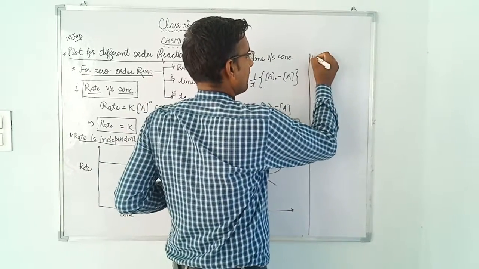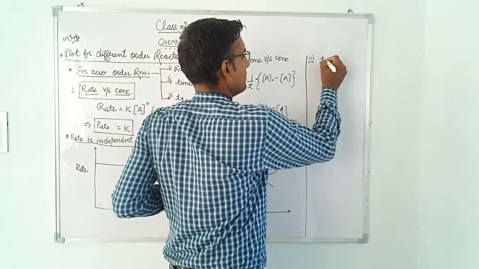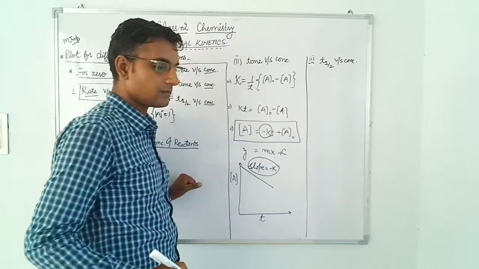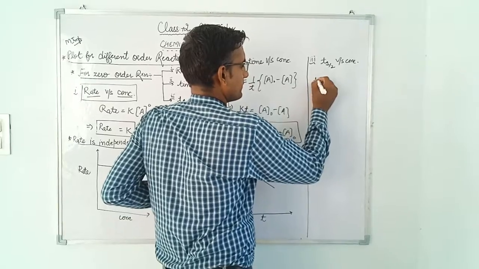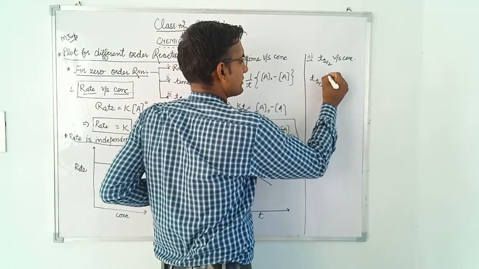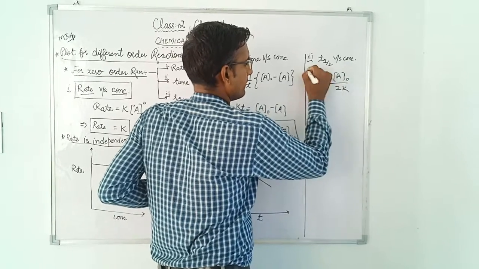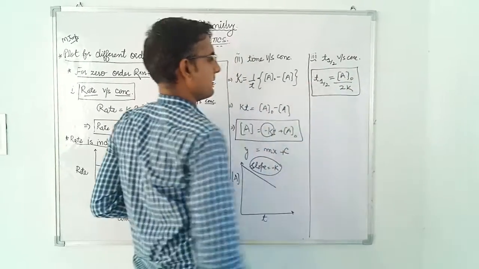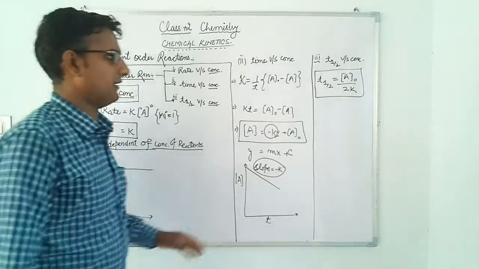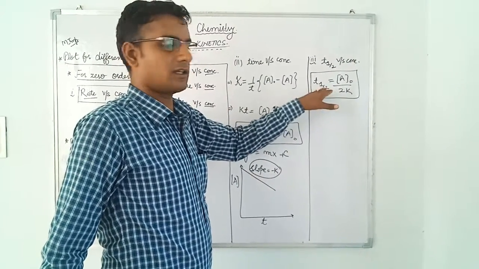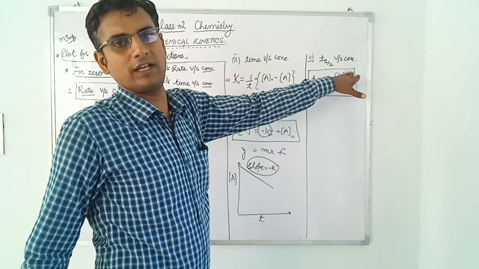Now for the third plot, that is between t half versus concentration. The relation for t half for the zero order reaction is equal to a naught upon 2k. Since 2 is constant and k is constant, t half is directly proportional to a naught.